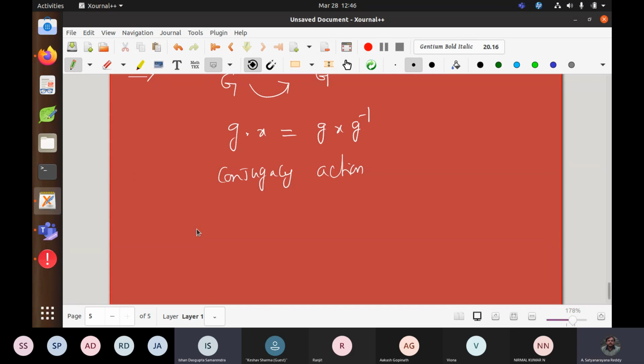Okay, yes, of course. So when G is abelian, g dot x is equal to gxg inverse, and since it is abelian, that equals x.